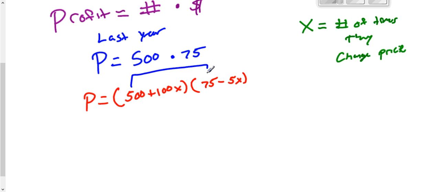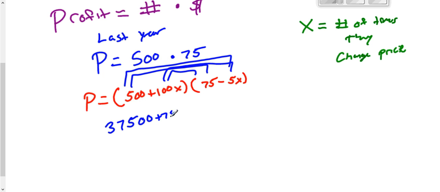What we're going to do now is FOIL this. So 500 times 75 gives us 37,500. In the middle we end up getting plus 7,500x. Then the outer we get 500 times 5, which gives us a negative 2,500.